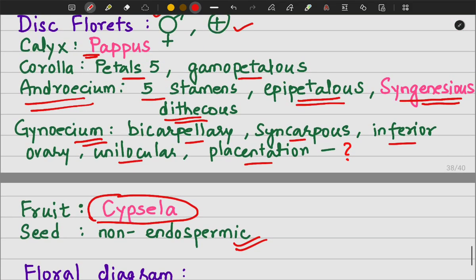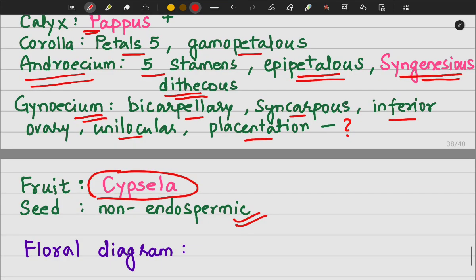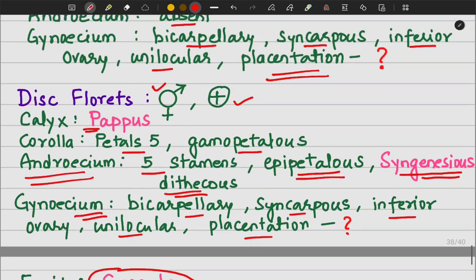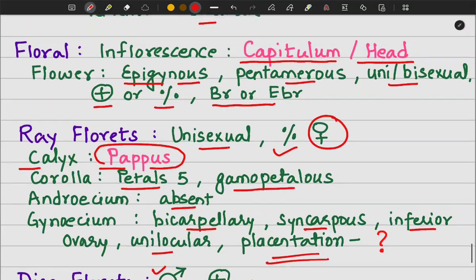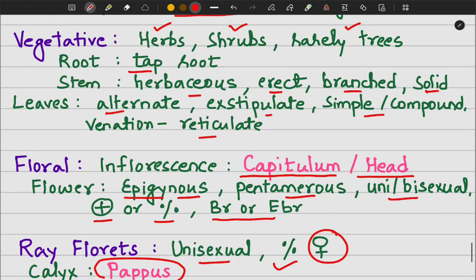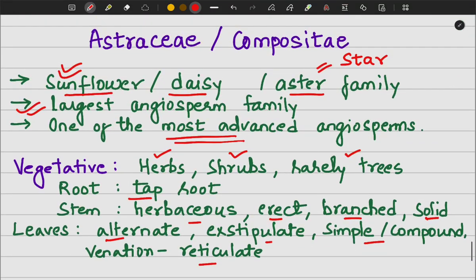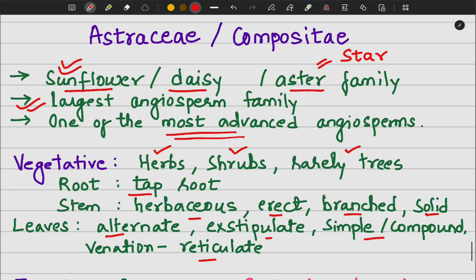Please remember the unique terms we studied. They are important from the exam point of view. So this completes our one more family, which was Asteraceae or Compositae. That's all for this session.